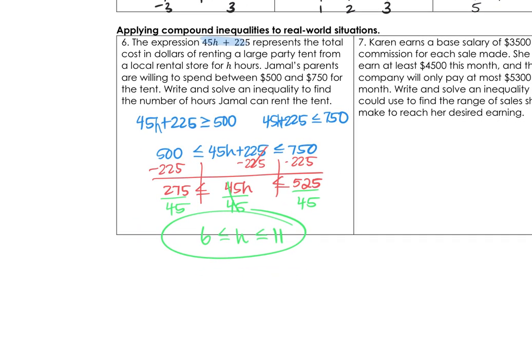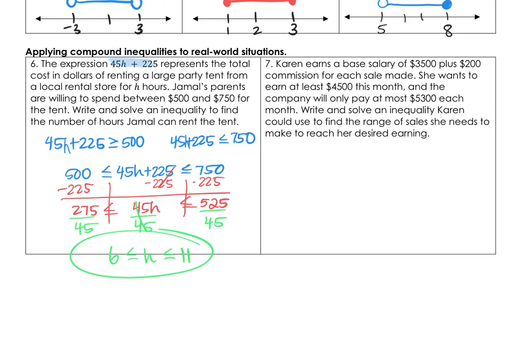All right, you guys have done great. We got the last one, and I'll just let us write it instead of writing and solving it. Karen earns a base salary of $3,500. I'm going to highlight that because it's probably important. Plus $200 commission for each sale made.